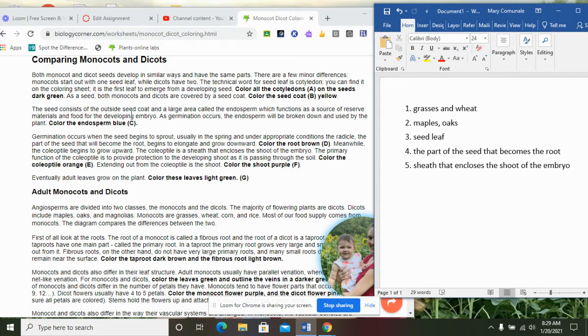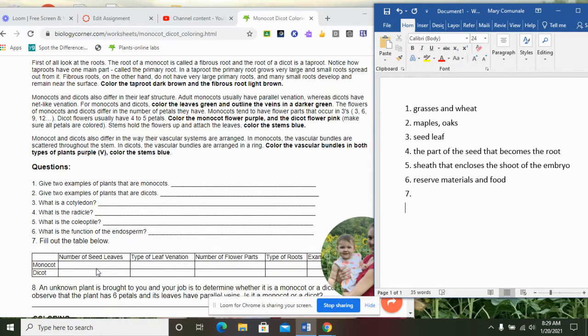So the seed consists of an outside seed coat and a large area called the endosperm, which functions as a source of reserve materials and food. Number 7 is a table. Now, I believe we're going to have to finish reading in order to answer the table here.